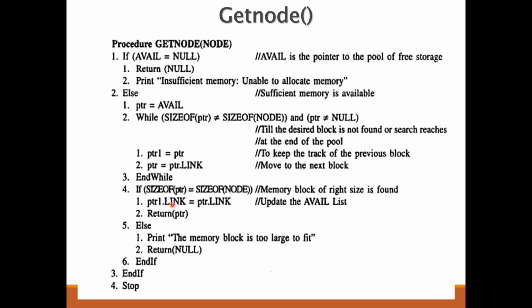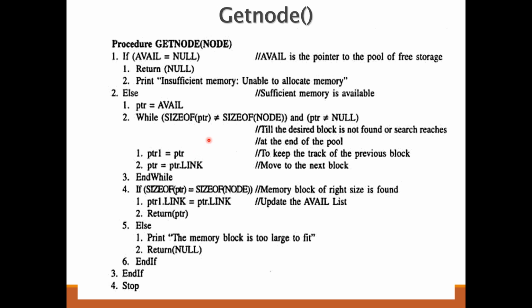Now if we have to return the current node to the calling process, PTR1 link part should contain the address of the node that succeeds the requested node. So PTR link contains the address of the next node, and that address has to be stored in PTR1.link, and we have to return the PTR, that is the 50 KB size node, to the calling process. That is how it takes place in step number 4.